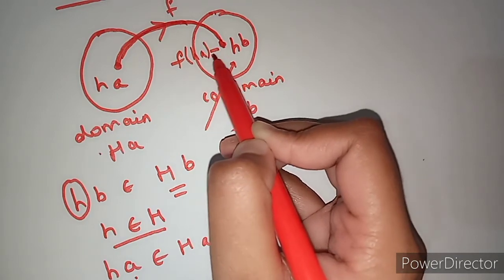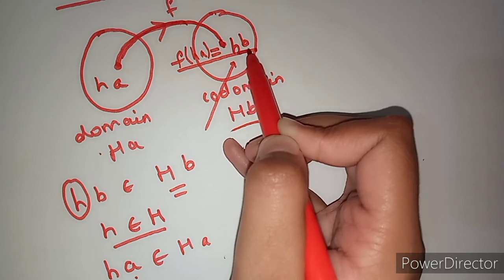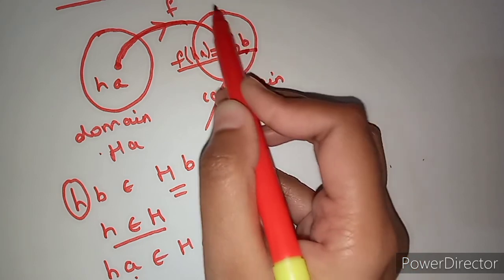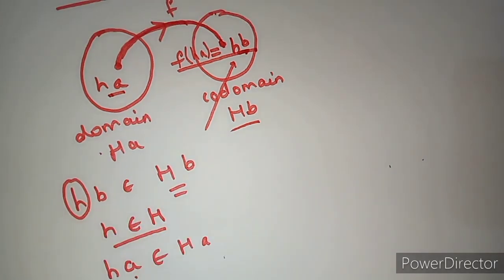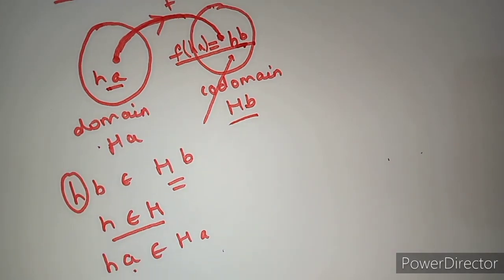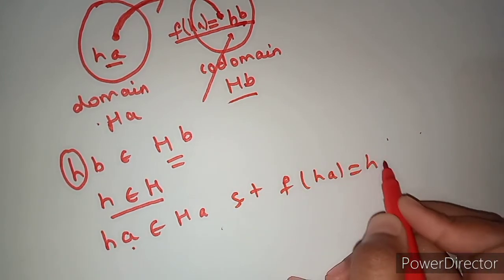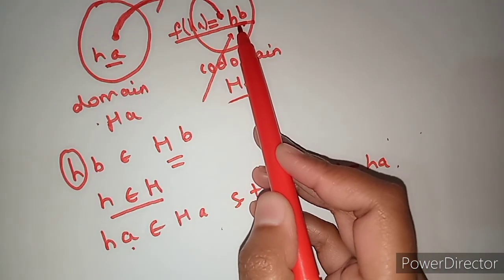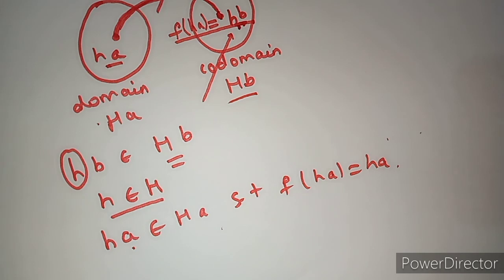If I apply mapping f, then it will be f of ha. So, here f of ha is equal to hb. So, for every element in the codomain Hb, there exists a pre-image. We have got ha. So, this is onto, such that f of ha is equal to hb. We have got for every element in the codomain, there exists a pre-image. This is the condition for onto.